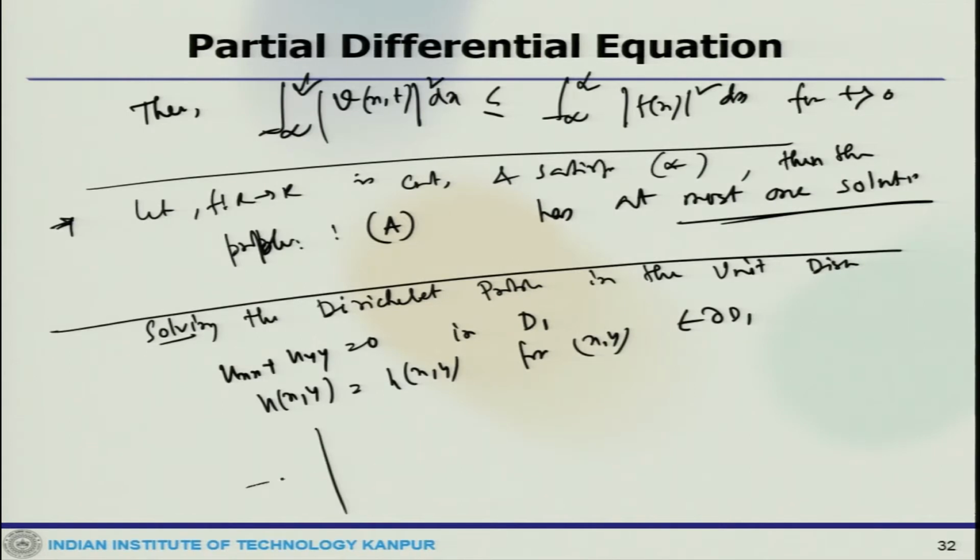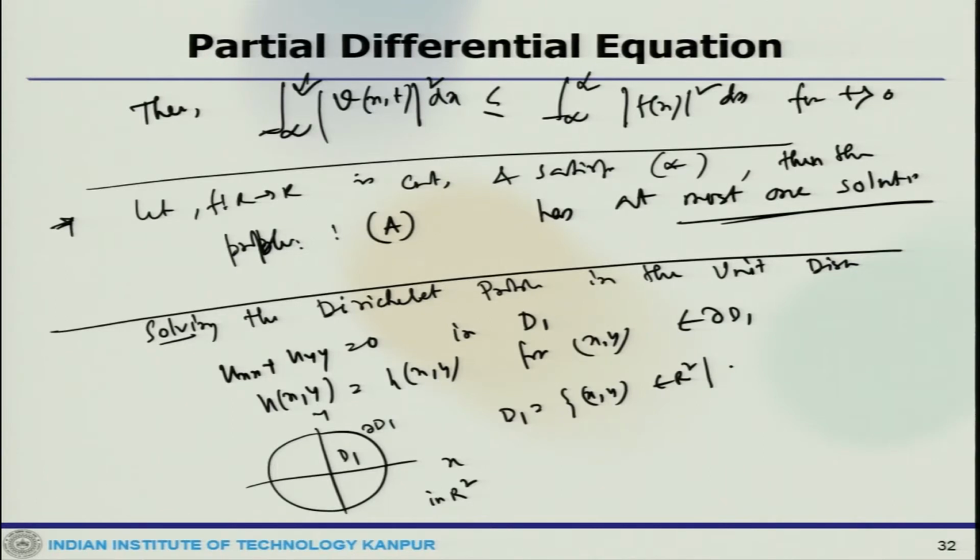This is x, this is y, this is del D1 and this is D1. So, this is the unit disk in R2. D1 is the set of (x,y) belonging to R2 where x squared plus y squared is less than 1. This is called the unit disk in R2, and h is a given function that is continuous in a neighborhood of the unit circle del D1. Thus, we would like to find a solution u that is harmonic in D1 and takes the values given on the boundary.